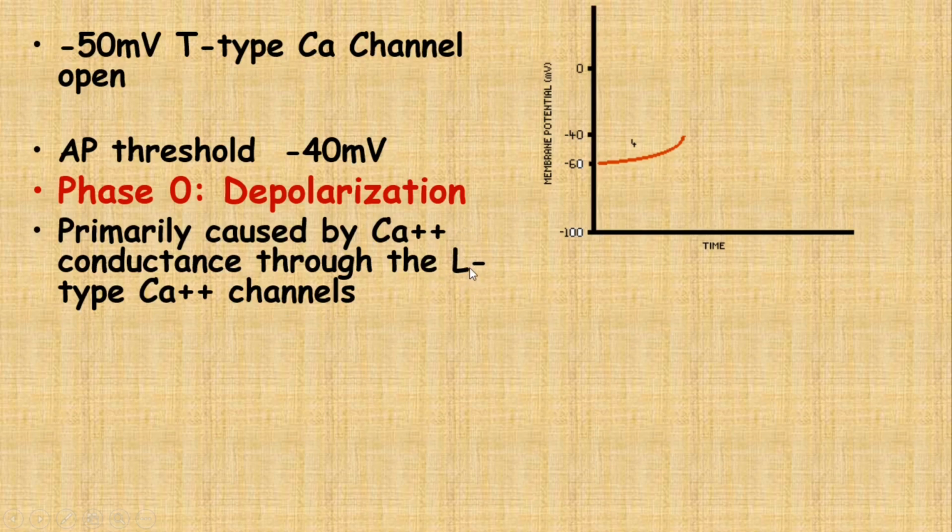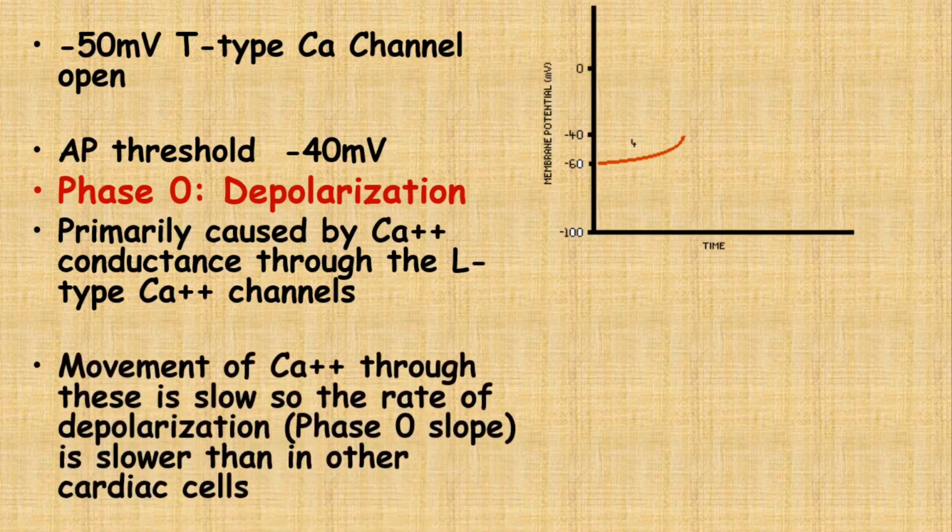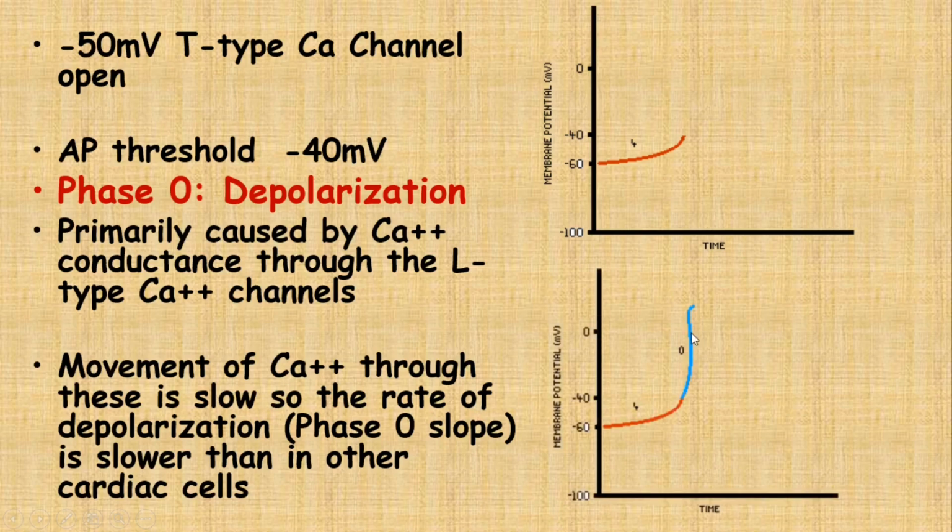Again, this is a slow one, so the membrane potential will rise a little bit slowly and less steeply compared to the fast response action potential depolarization. So the calcium ions will move slowly to the inside. As the movement is slower, the rate of depolarization is a little bit slower. So this is phase 0 that you are getting here.